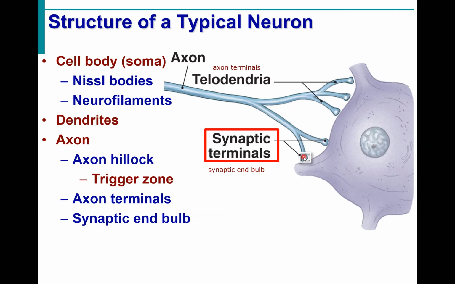And at the very end, we have this specialized structure and as we learned in the muscular system, there are 2 main specializations to this synaptic end bulb. What are the 2 main specializations? What did we learn is special about those synaptic end bulbs?